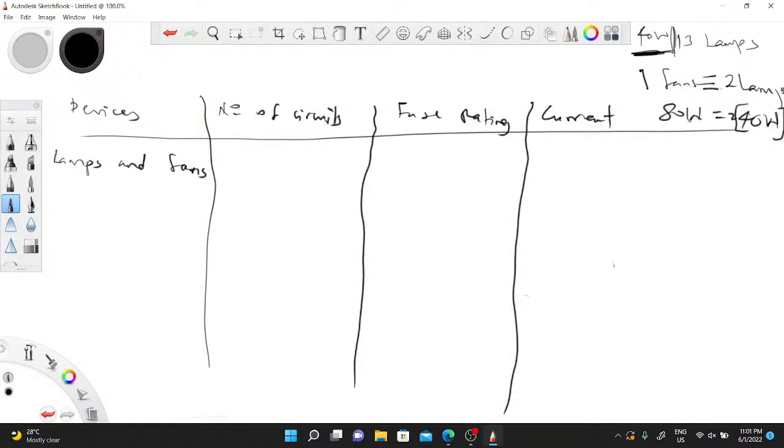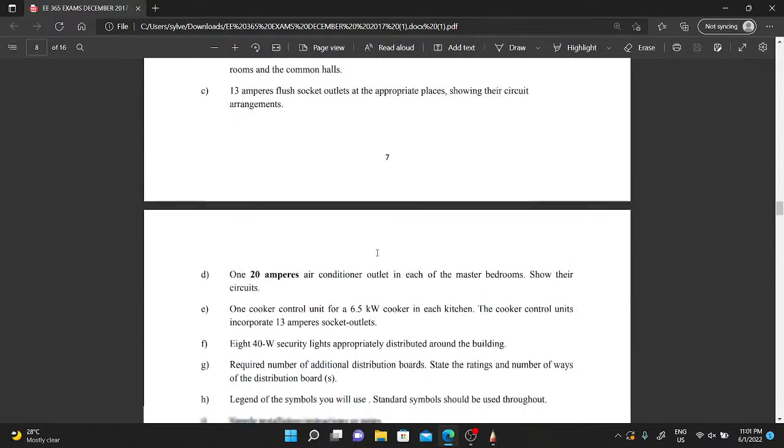So for the lamps and fans, we said that we had 7 circuits. Let's check the table for the fuse ratings.